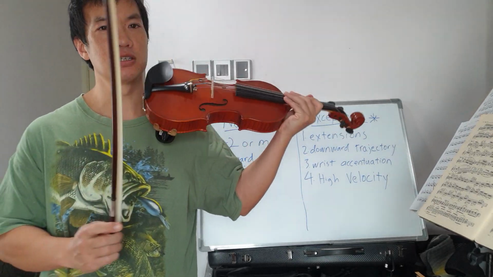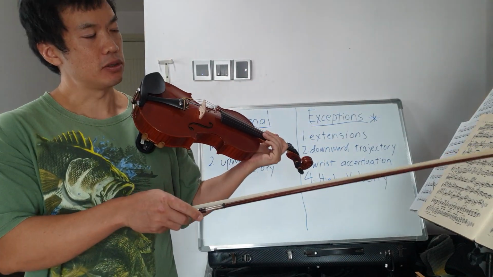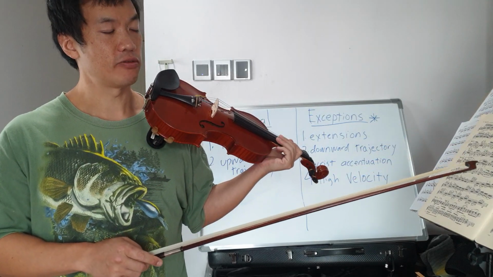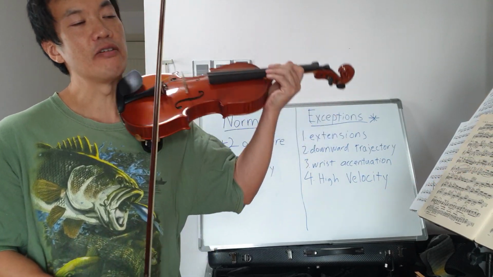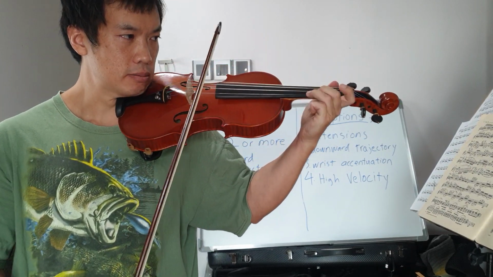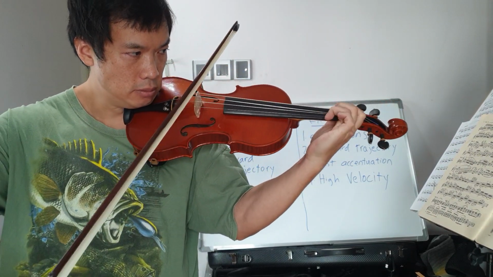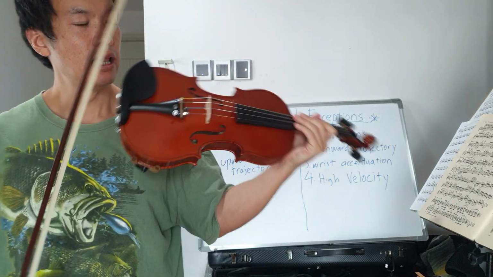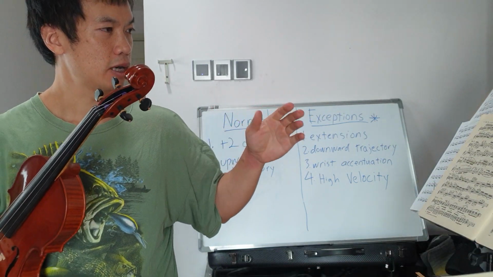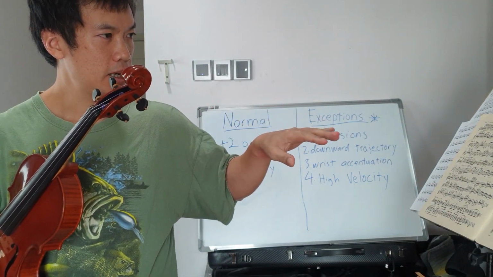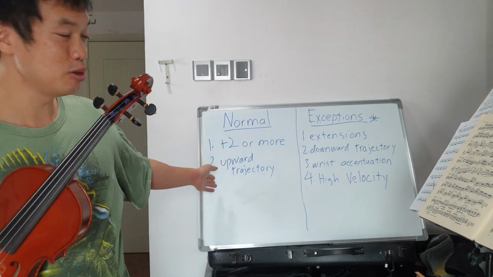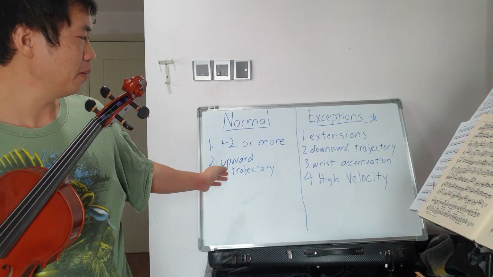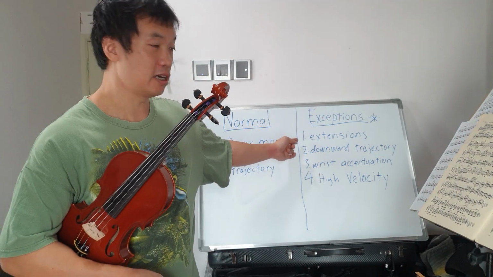When you go fast. Today, for the example, I'm using the 9th variation from Paganini's 24th Caprice. So in the second half, there's a downward scale. Okay, now for this one, you can see I'm using very few of the rules. I am using upward trajectory, but I can't use extensions.